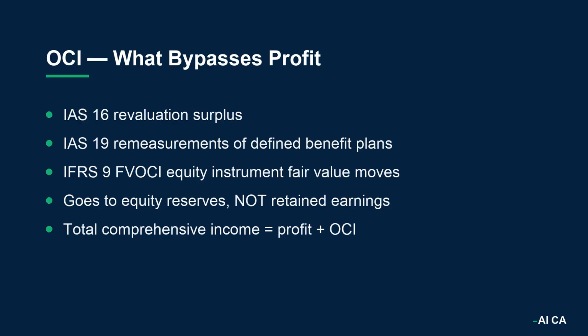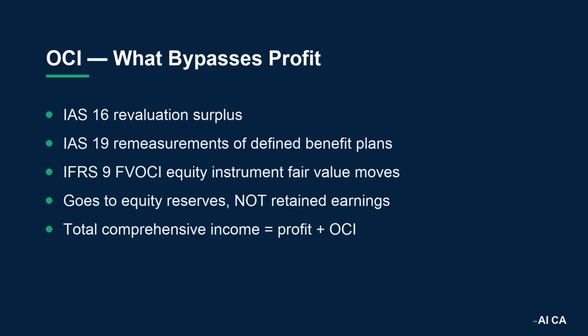Other comprehensive income complicates this slightly. IAS 1, paragraph 81A gives entities a choice: present one combined statement of profit or loss and OCI, or present 2 separate statements. Either way, OCI items, things like revaluation surpluses under IAS 16, remeasurements of defined benefit obligations under IAS 19, and fair value movements on equity instruments designated at FVOCI under IFRS 9, bypass profit for the period and go directly to other components of equity.